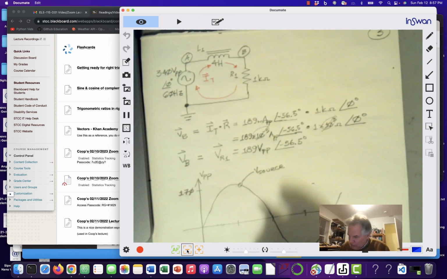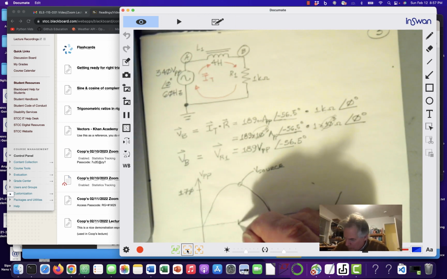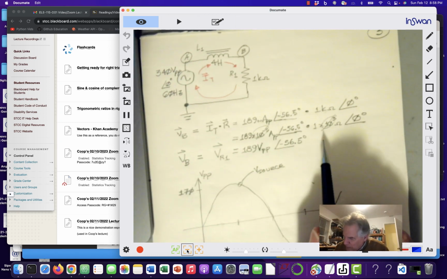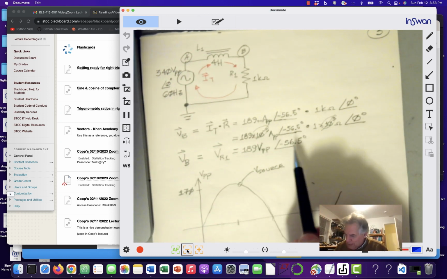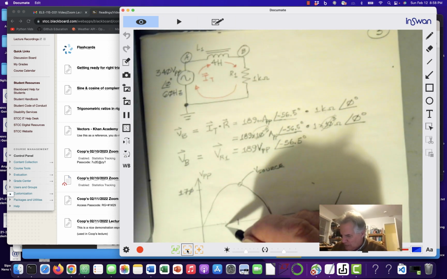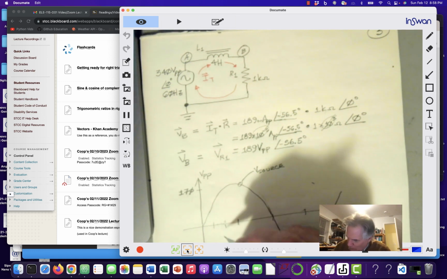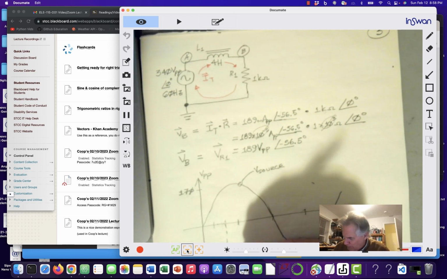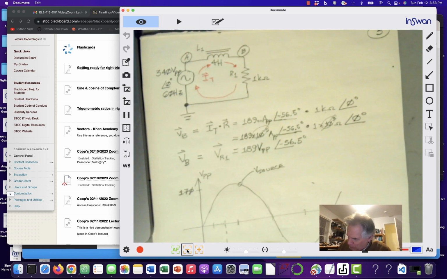Now, this is 90 degrees, and this is close to 60. So this one starts, you know, maybe, I'm going to divide this through, just pretend that this is 56.5 degrees, let's say late.